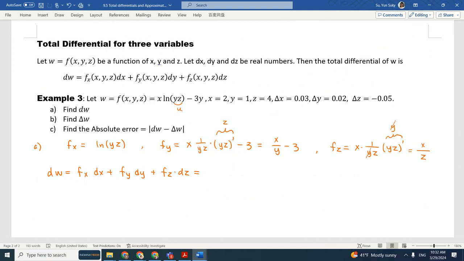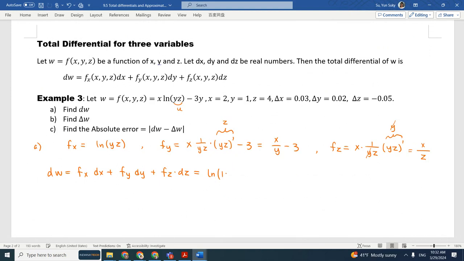Okay, we have fx, and we have the points. See? fx is ln of yz. What is y? Plugging in the numbers, what is y? 1.